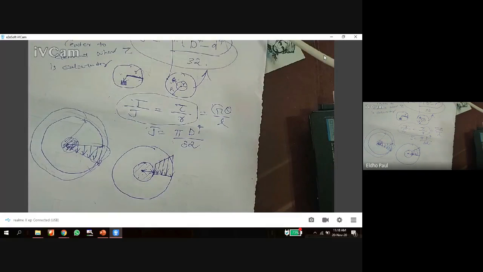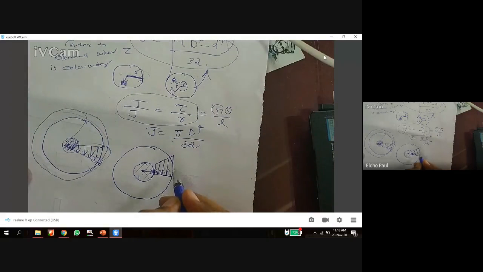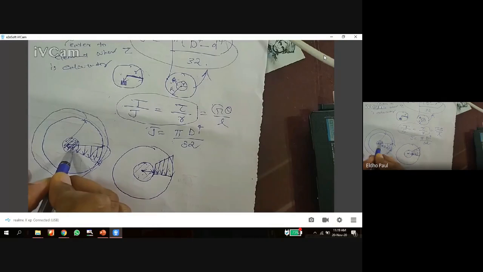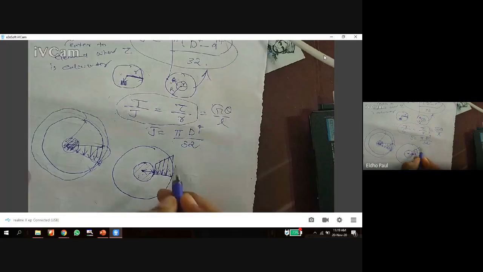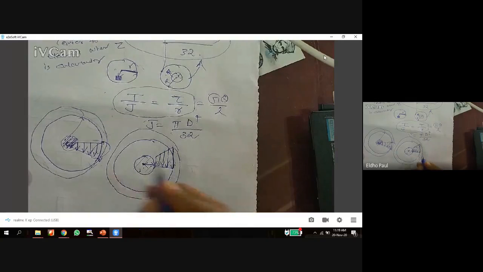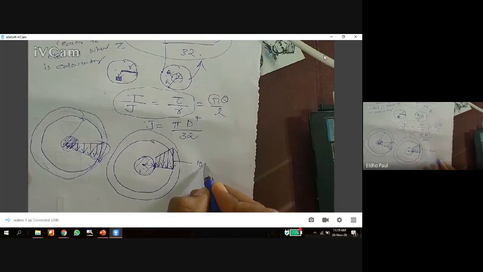In the hollow shaft, where is the location of maximum shear stress? The surface area. So we take some material from the center and distribute it on the surface. Without this distribution, maybe the shear stress is equal to 10 Pascal.